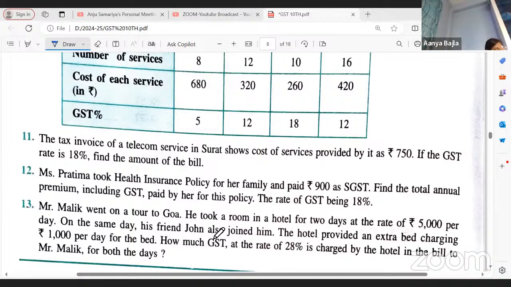Ma'am, but वहाँ से 11,800 है. कॉस्ट कितना हो गया टोटल रूम का? 5,000 प्लस 1,000, 6,000 हो गया. On 6,000, the rate of GST is 28%. Of 6,000, so you'll get GST.